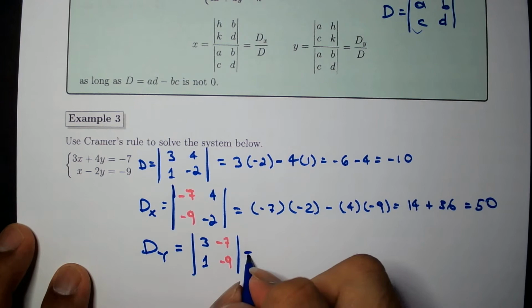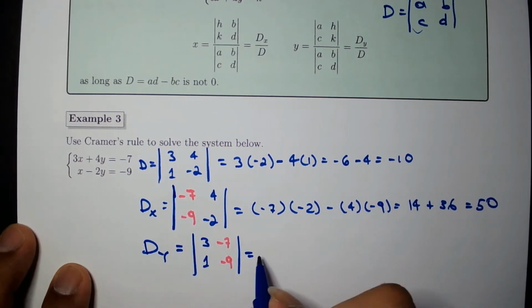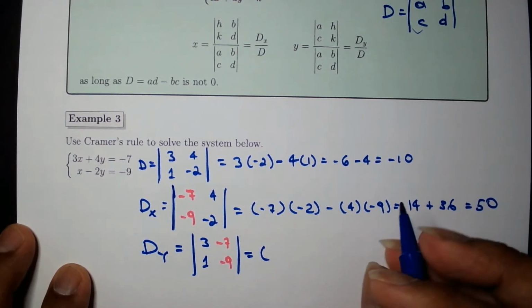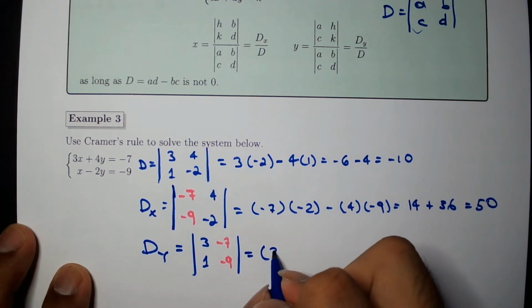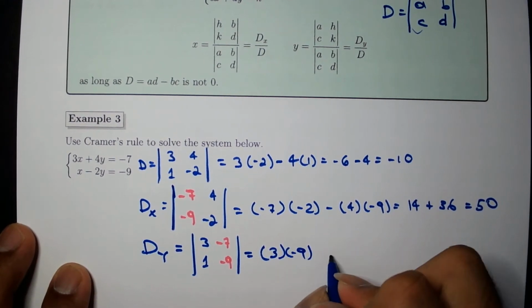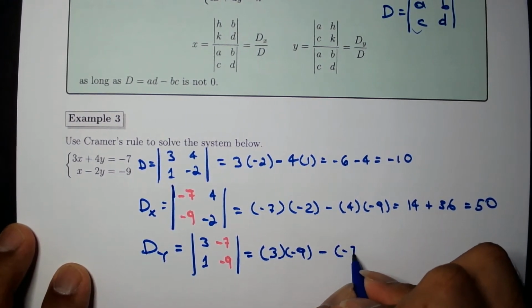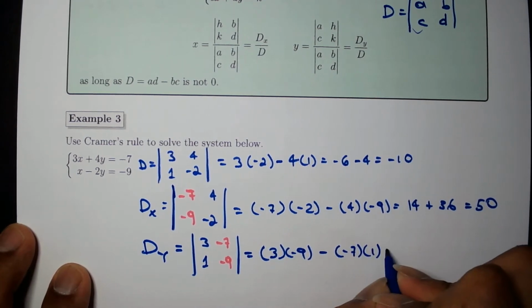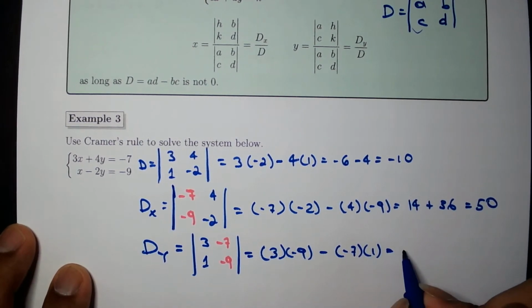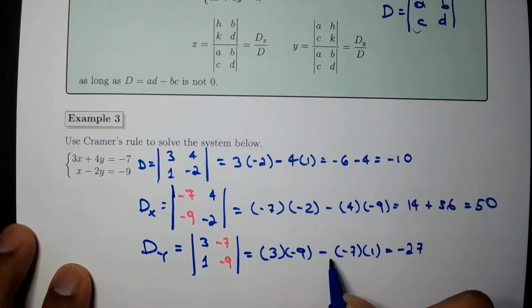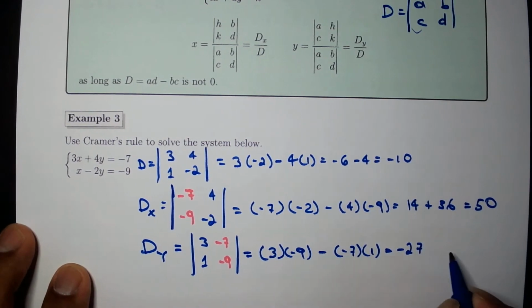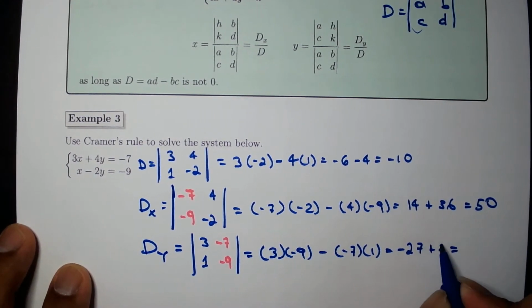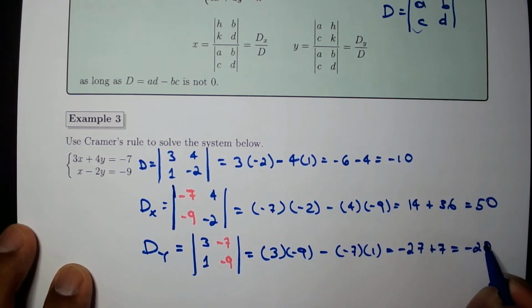So let's evaluate this. 3 times negative 9, that's negative 27. Well, 3 times negative 9 minus negative 7 times 1. So in this case, that's negative 27 plus negative turns into a plus 7, which equals negative 20.